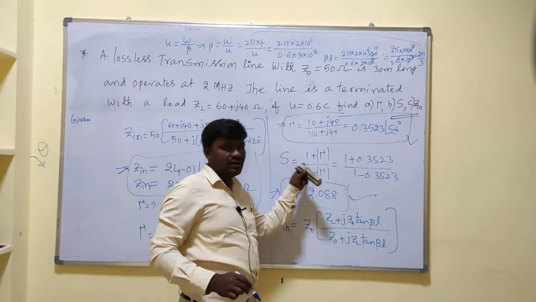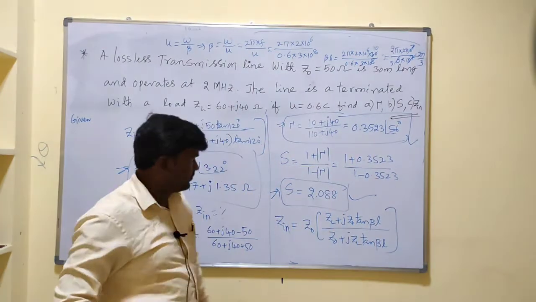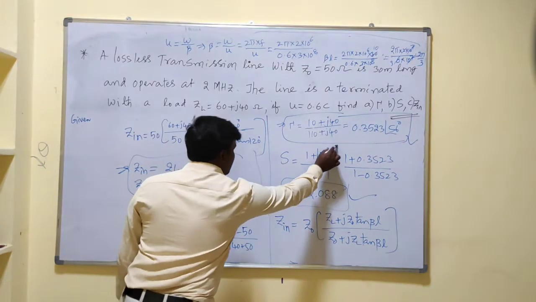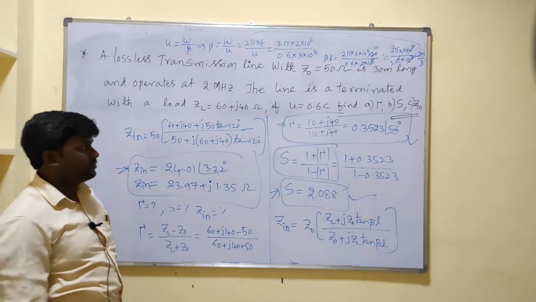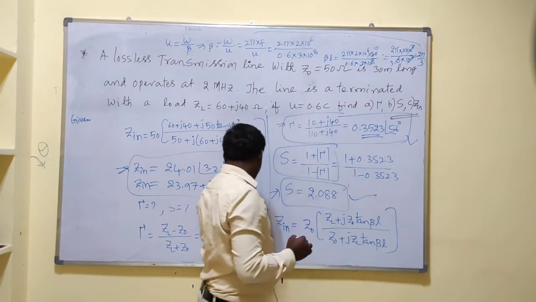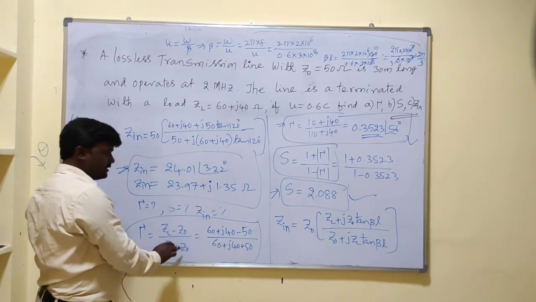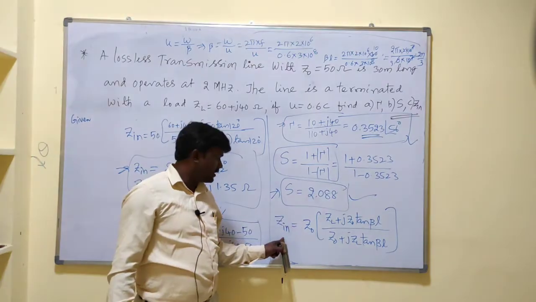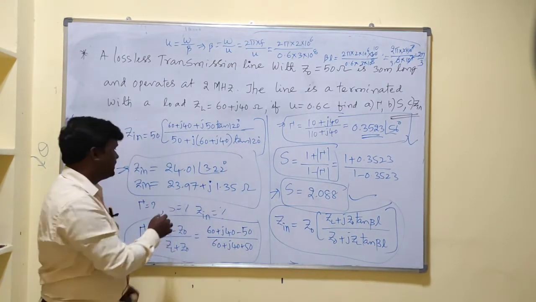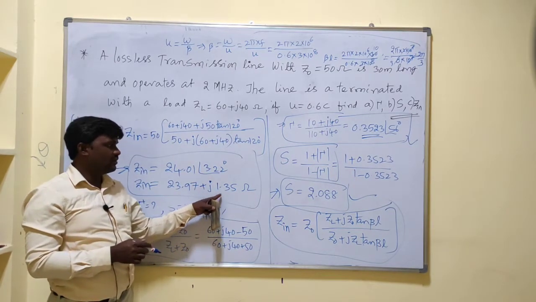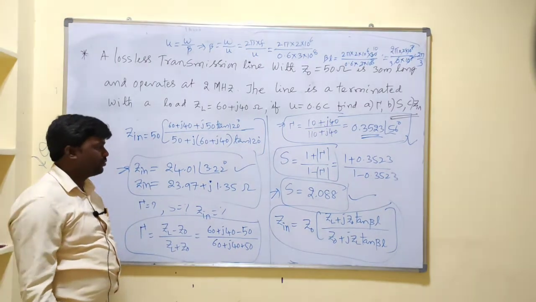The calculation of gamma, S and Zin is over for the given data. You need to remember these formulas: S equals 1 plus mod gamma by 1 minus mod gamma, where this part represents only magnitude, and gamma equals ZL minus Z0 by ZL plus Z0. In order to calculate Zin, we require the Zin formula. After simplification, we got Zin as 23.97 plus j1.35 ohms, or we can write 24.01 at 3.22 degrees.